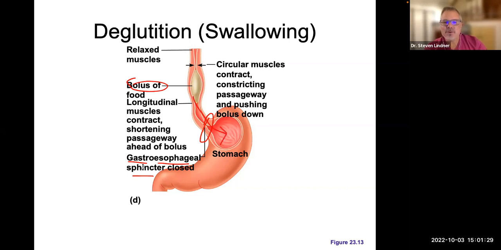Sometimes the gastroesophageal sphincter is also known as the cardiac sphincter, because that's where the apex of the heart kind of sits. And that's why a lot of people with indigestion say heartburn, because it's kind of where the location of the heart is.